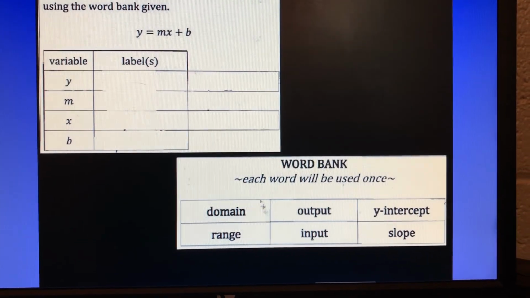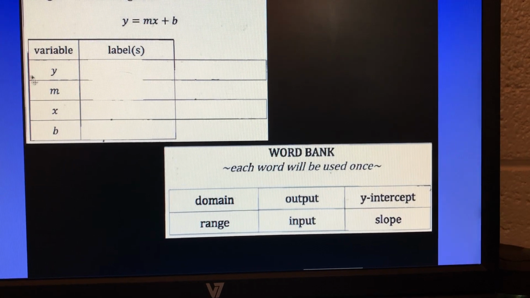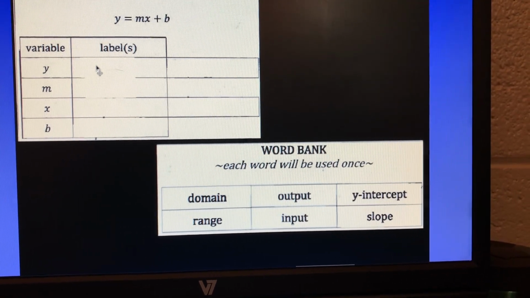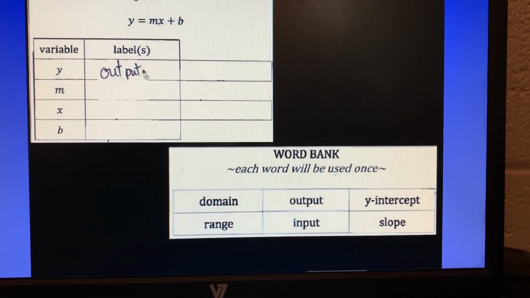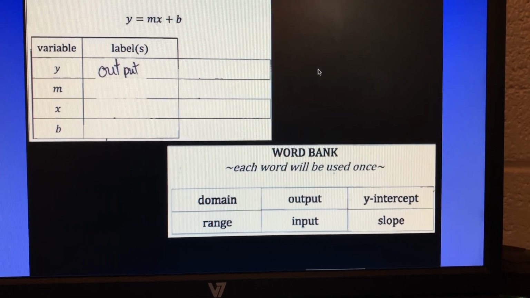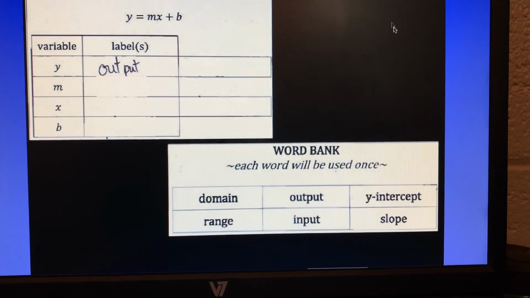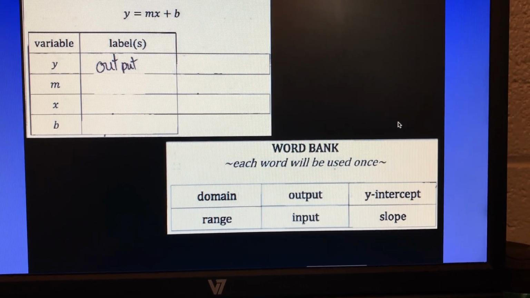Well, let's try to use the ones we know. So what would be our y variable? Well, there's a couple labels for that one. One that you could use would be our output. So you can use that table that we had before where we had all the x labels on the left in blue and all the y labels on the right in red.